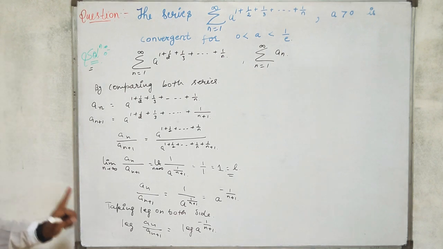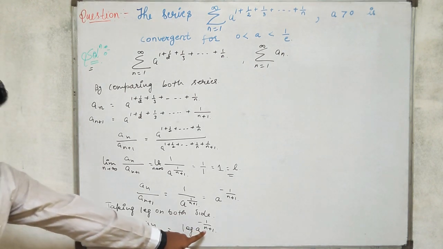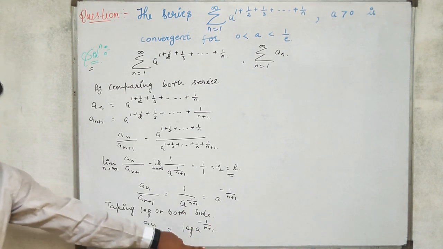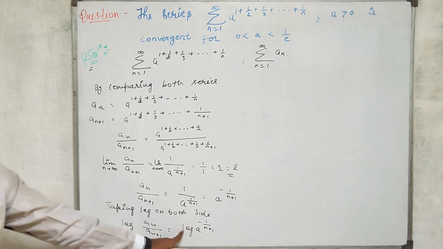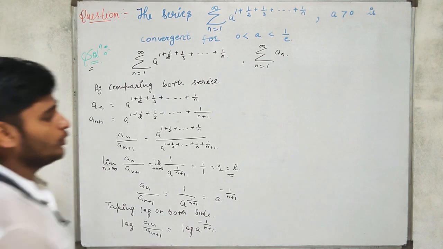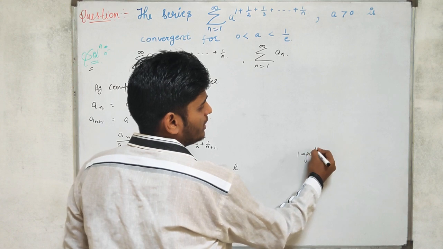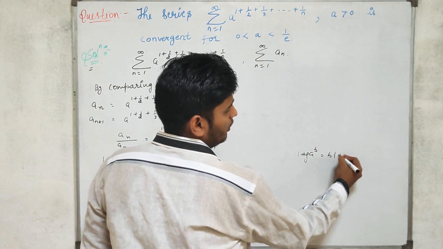Now, taking 1 upon n plus 1 in front of log a, by the property of log, log of a raised to the power b is equal to b log a.